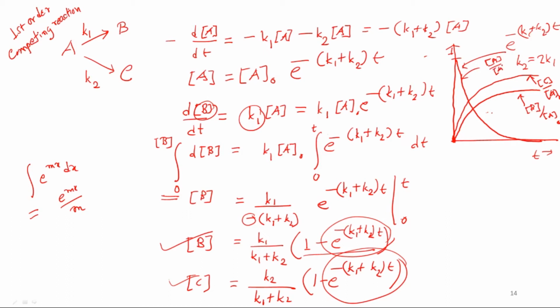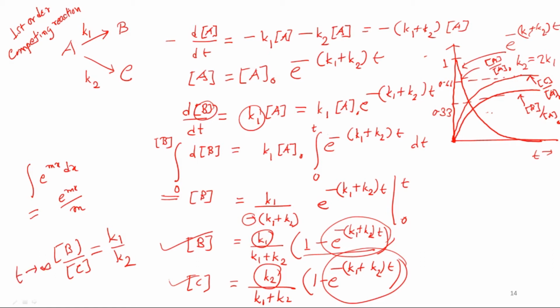Then, as before, we can argue that this will reach something like 0.33 because it's a normalized curve. This was 1, and the concentration of C will reach 0.66. So their ratio is like 2:1, and the ratio is dictated by the ratio of K1 and K2, because at t tending to infinity, the ratio of B by C will be nothing but K1 by K2, or C by B will be K2 by K1.